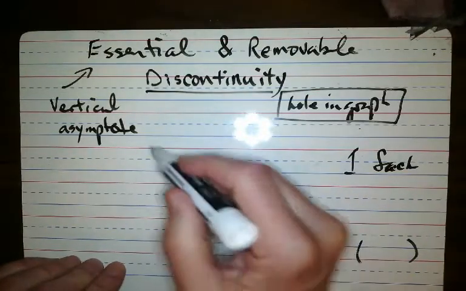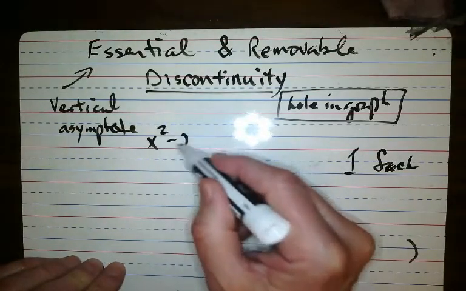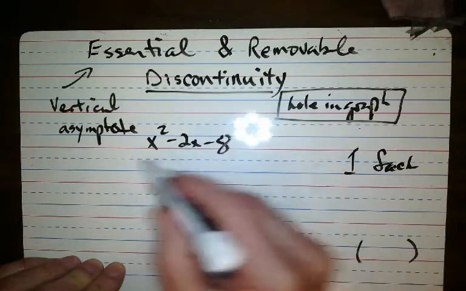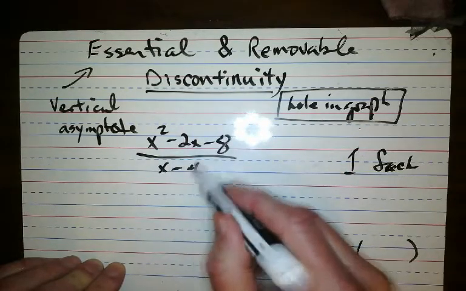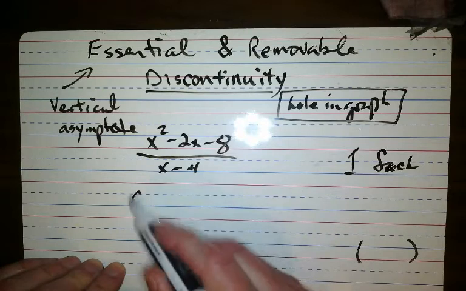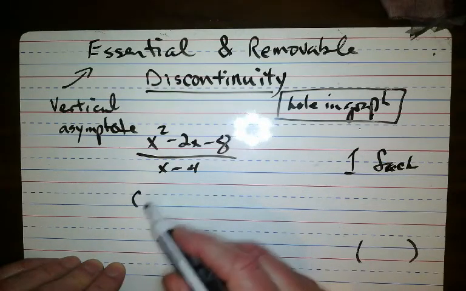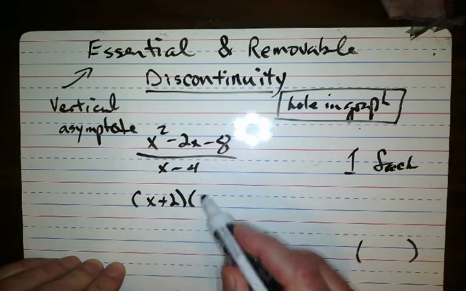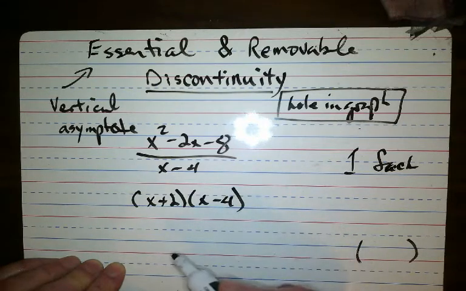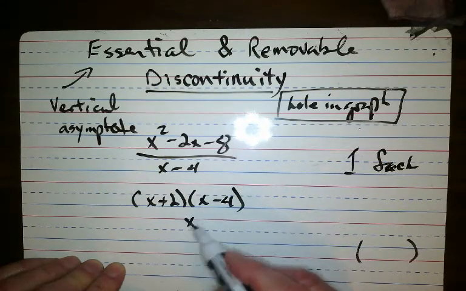Here we go. What if we had x squared minus 2x minus 8 on top and x minus 4 on the bottom? So I factor. The top is x plus 2, x minus 4, and the bottom is just x minus 4.